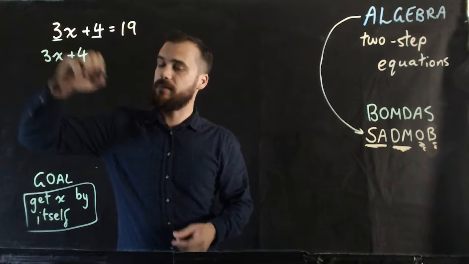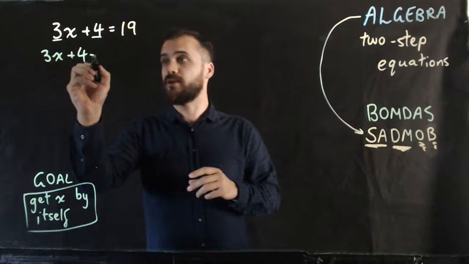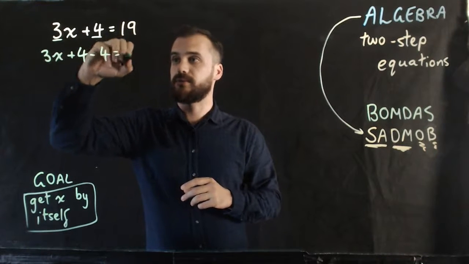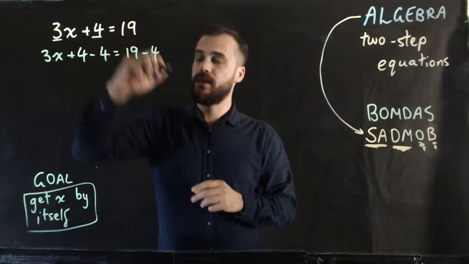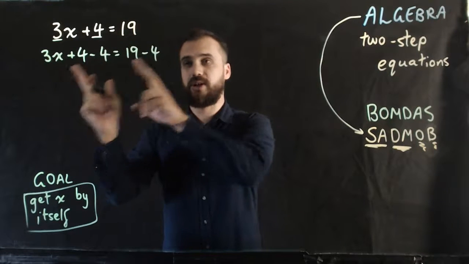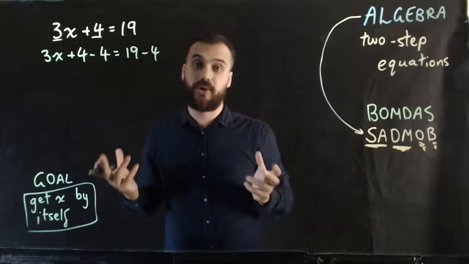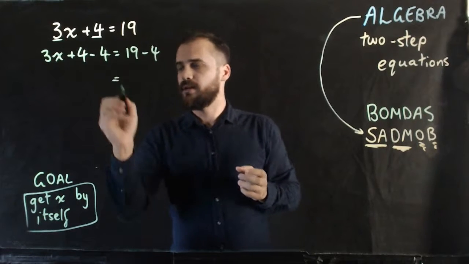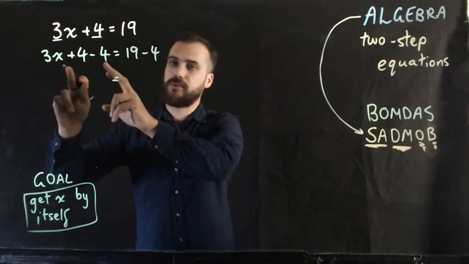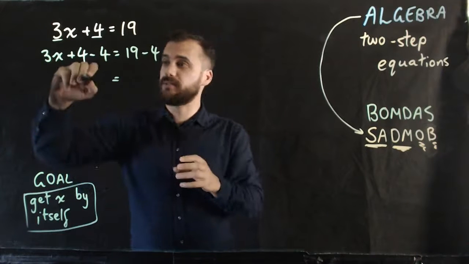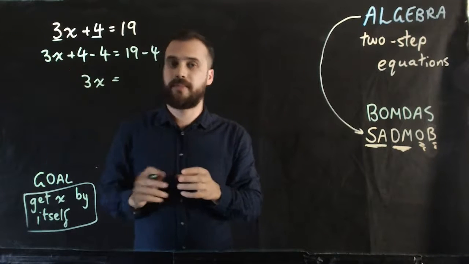So, we've done the subtraction addition part here. So we've already done this bit. Now we can move on to the next bit of SADMOB. Division and multiplication. 3x equals 15. This is something you've seen before. This is something that you guys have already done. 3 times x equals 15. How do we get rid of 3 times?